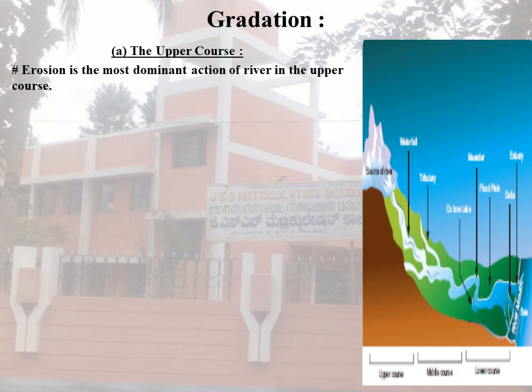The steep gradient increases the velocity and the river channel performs erosion with great force to widen and deepen its valley. The land features carved by a river in its upper course are V-shaped valleys, fjords, canyons, rapids, potholes, spurs, and waterfalls.